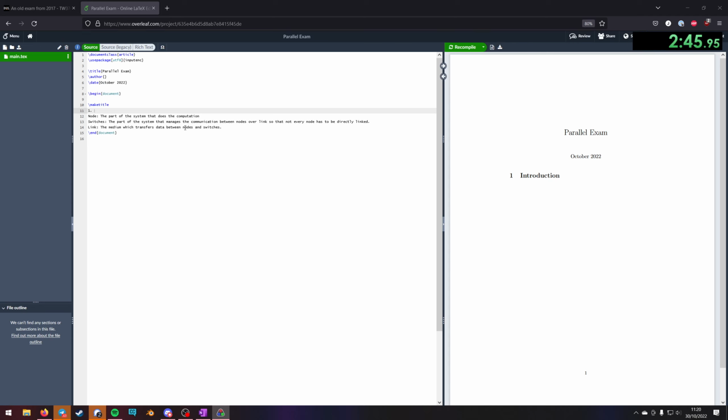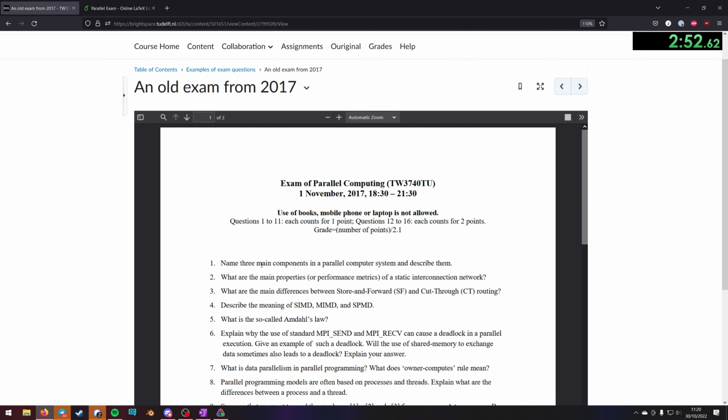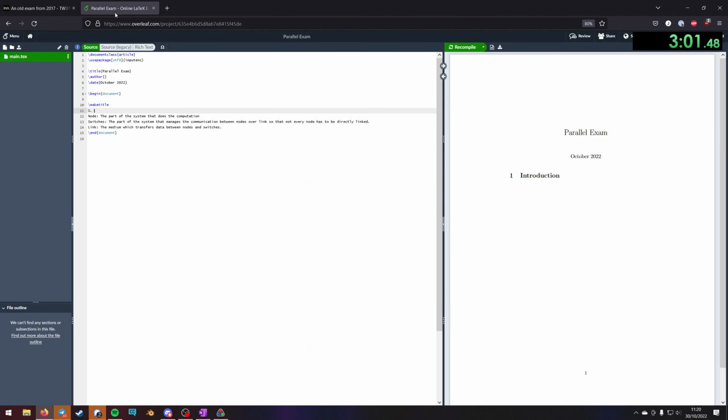I think this is one part, right? You're now discussing, in a way, the architecture. It says name 3 main components in a parallel computer system, so technically there could be more components. I'm just trying to think about how the lecture slides are organized, because it talks about the architecture, then it talks about how the memory is used, if it's shared or distributed.